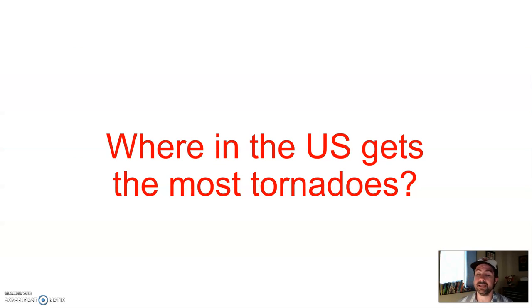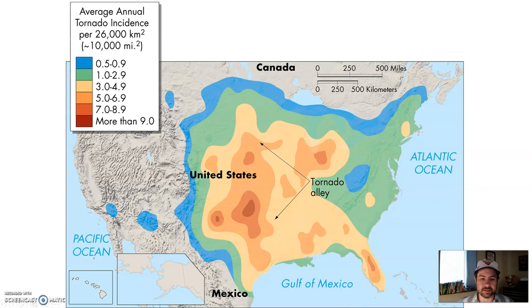So where in the U.S. gets the most tornadoes? I'm sure from movies or any guesses in life. There's a place called Tornado Alley. So that Tornado Alley extends kind of from Texas up through the Central Plain states, Oklahoma, Kansas, up into Nebraska, Iowa, South Dakota, North Dakota.